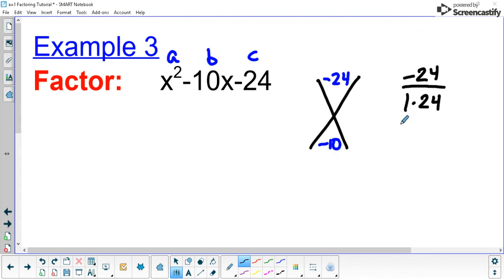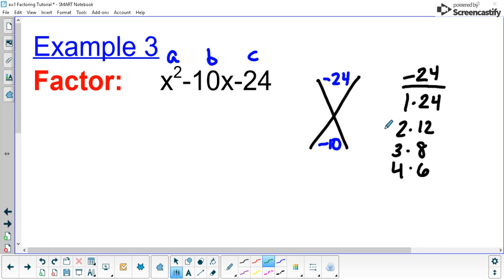That's the easy one. 2 times 12, 3 times 8, 4 times 6, and I believe that's it. So now we're trying to search for which of these pairs are going to give us a negative 10 somehow. So we're trying to figure out how to get negative 10 with two numbers by either adding or subtracting.